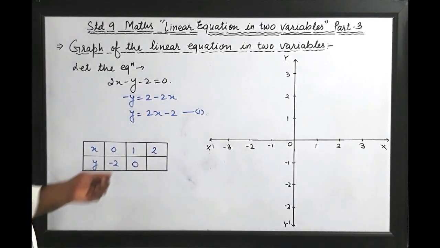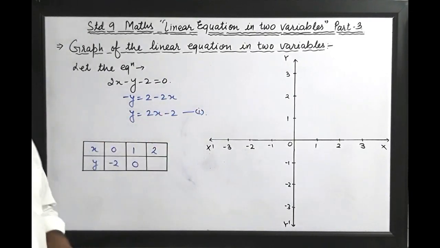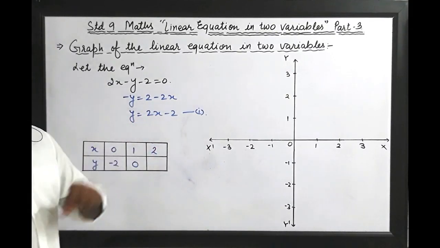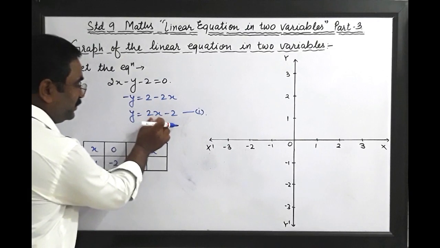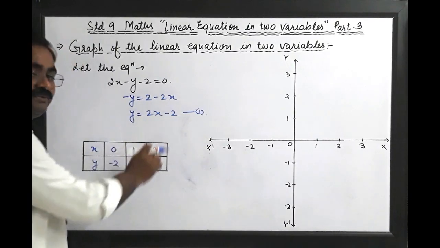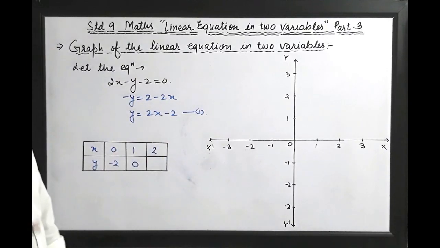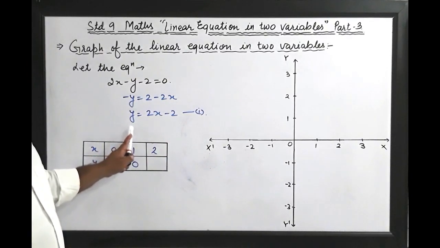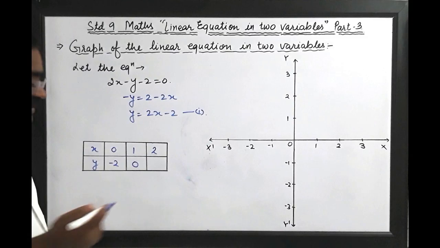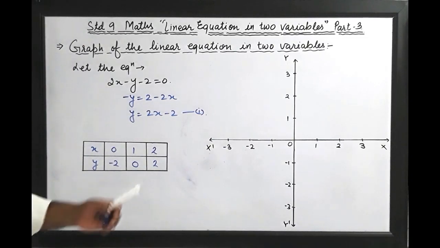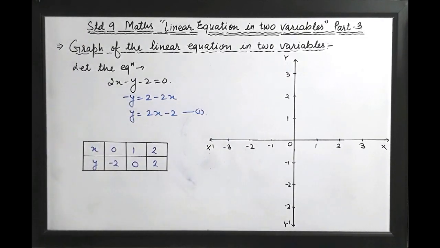So when you substitute x is equal to 2 in this equation, 2 into 2 which is 4. 2 2s are 4 and 4 minus 2 is equal to 2. It means the value of y also will be 2. Now we got 3 solutions of this equation.